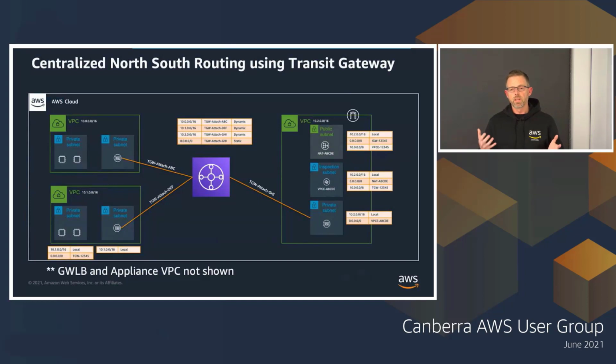So this brings you benefits, things like scale. Each Gateway Load Balancer endpoint, each NLB, they're all capable of up to 45 gigabits per second per availability zone. Brings you fault tolerance because it's not running on a single bit of hardware.